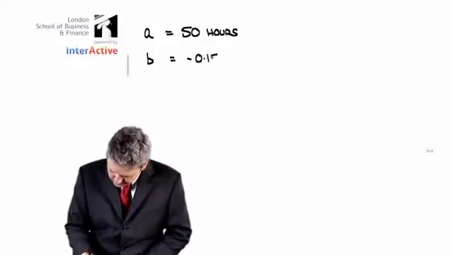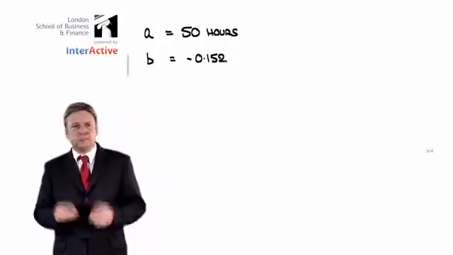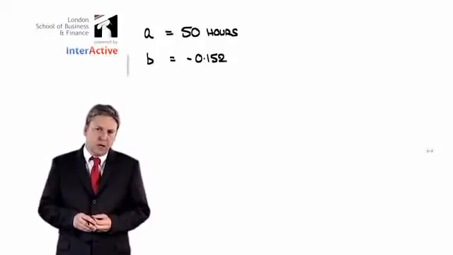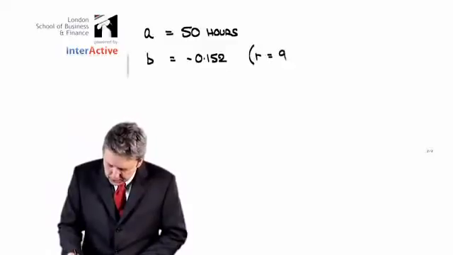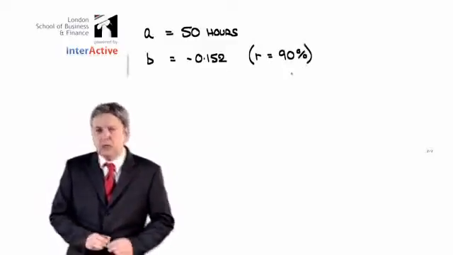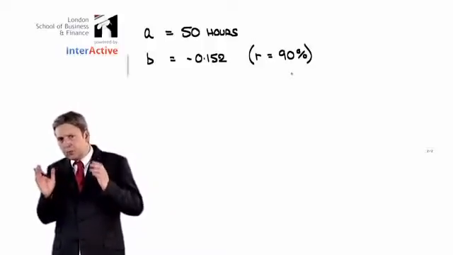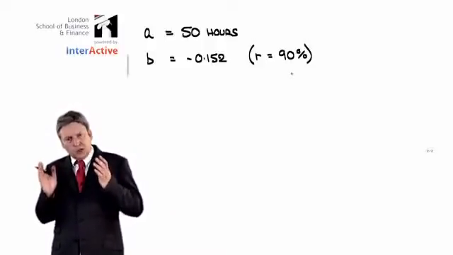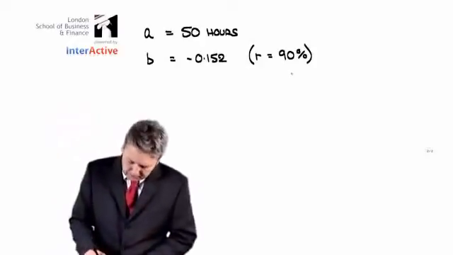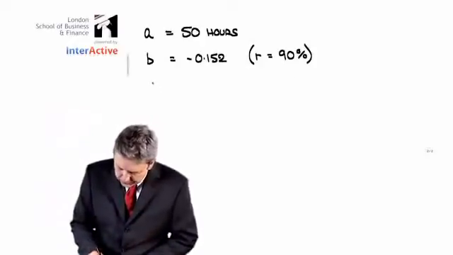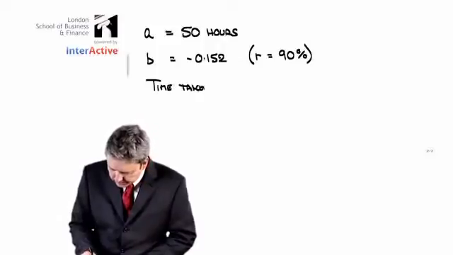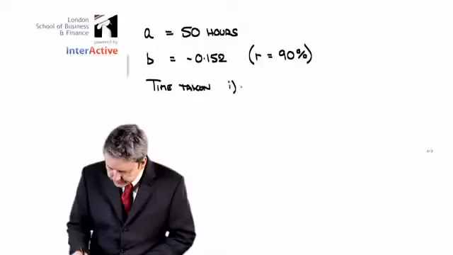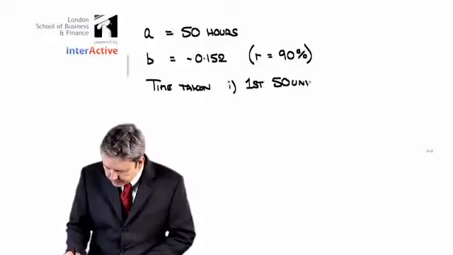And if you remember, I said to you that that would have a learning curve coefficient of minus 0.152. So, if you wish, R equals 90%. So I've given you the two critical pieces of information. Now, once I've got those, what I want is the time taken for the first 50 units.